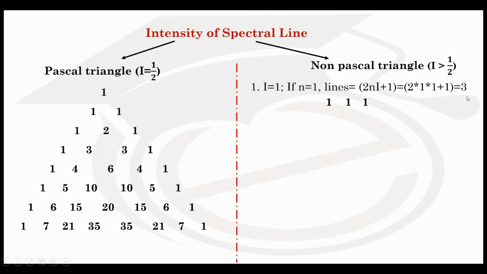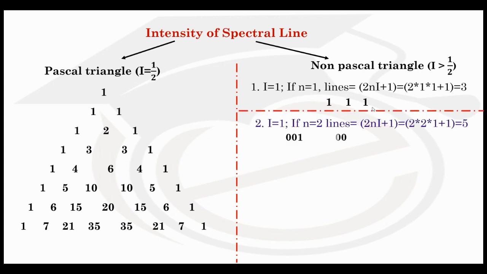The intensity ratio of these 3 lines will be 1:1:1. When n equal to 1, the intensity of all the lines will be equal, and the value will be 1.